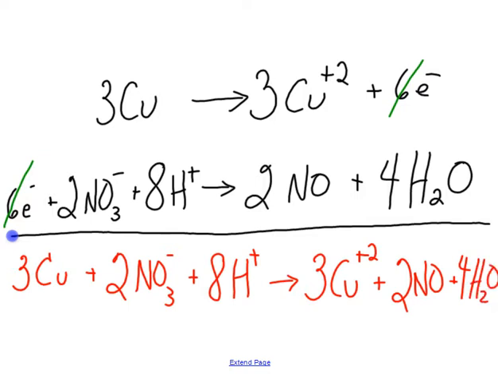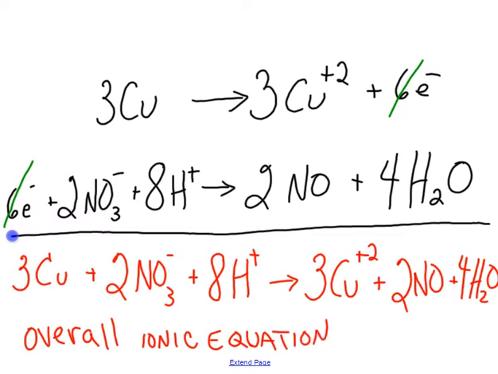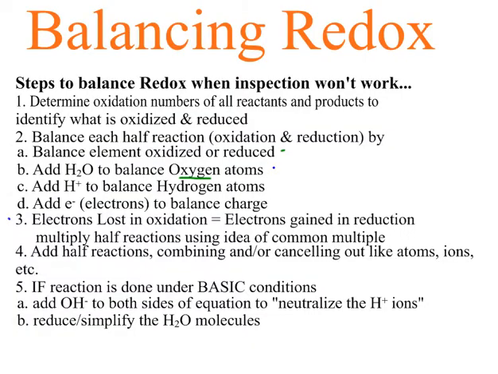So the electrons lost and the electrons gained have been canceled out, and you're left with what is called the overall ionic equation. Now imagine if you tried to balance this as we did in introductory chemistry by trial and error. With all these coefficients, and this is an easy one, by the way, it would take you forever to get it done. Nearly impossible.